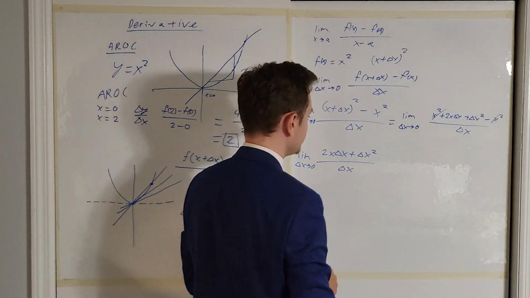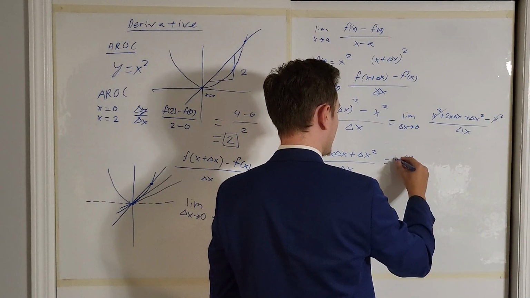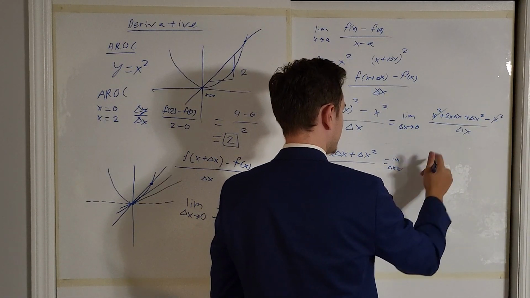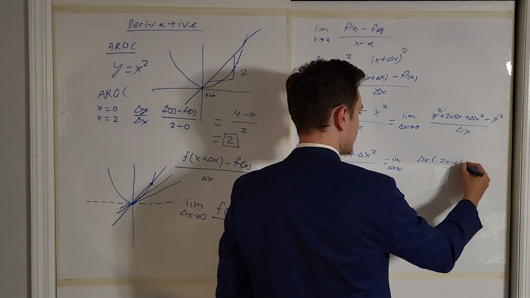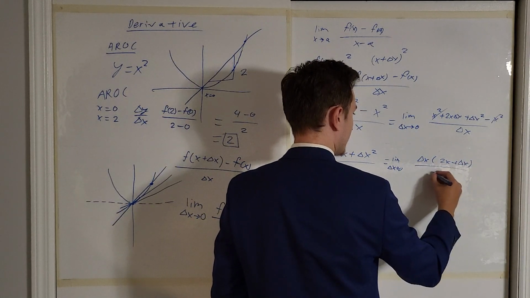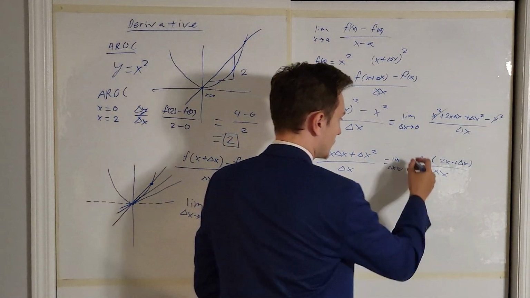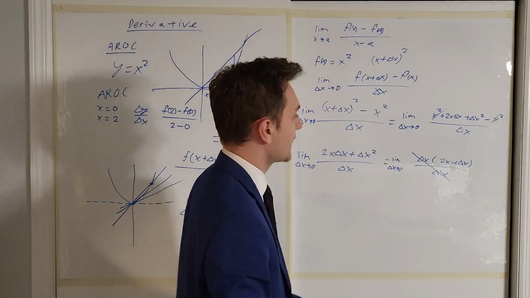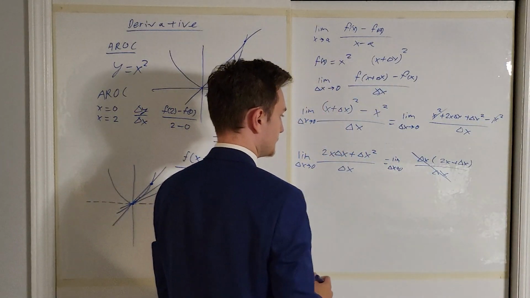But what I can do here is factor out a delta x from the top and bottom. So delta x times 2x plus delta x, divided by delta x. And what I can do is cancel terms on top and bottom. I can use the replacement theorem, okay? I can remove this removable discontinuity, okay?